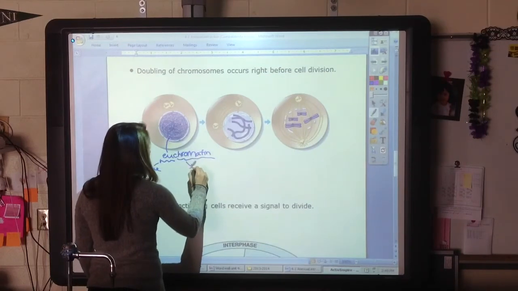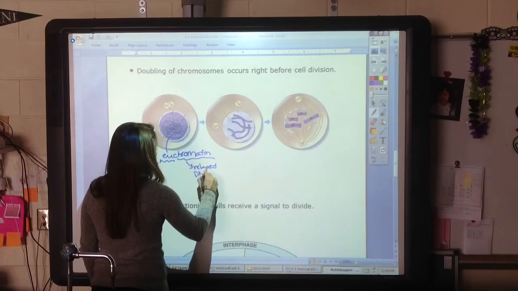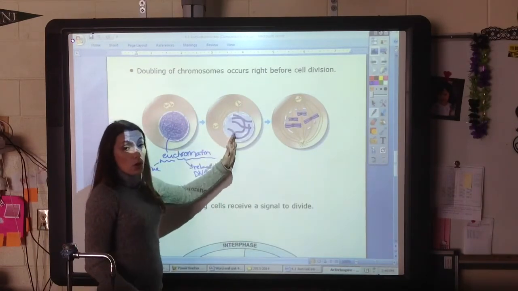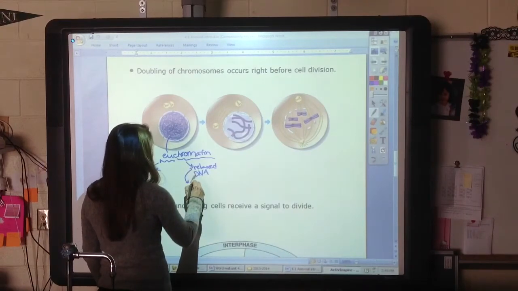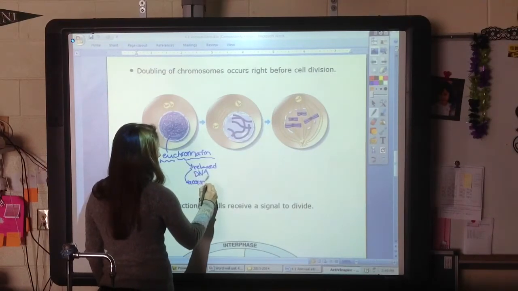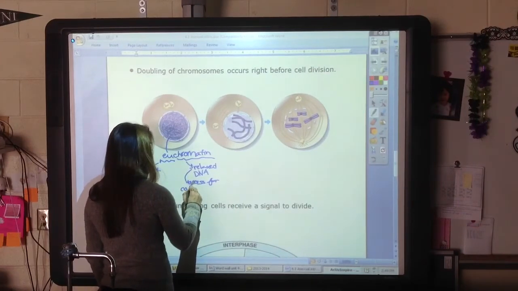Euchromatin is relaxed DNA, meaning not coiled and packaged and folded. And the advantage of relaxed DNA is you can access it for making proteins. We need the code for proteins.